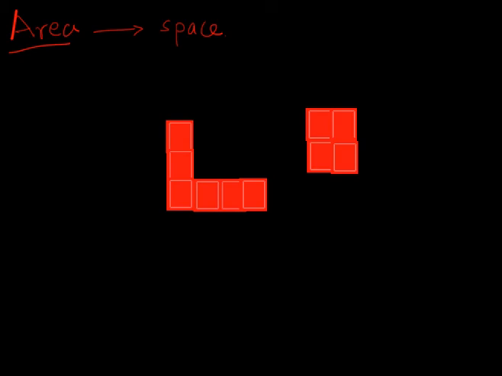The one has got, now if I imagine this object over here, in this object I've got 1, 2, 3, 4, 5, 6 squares.